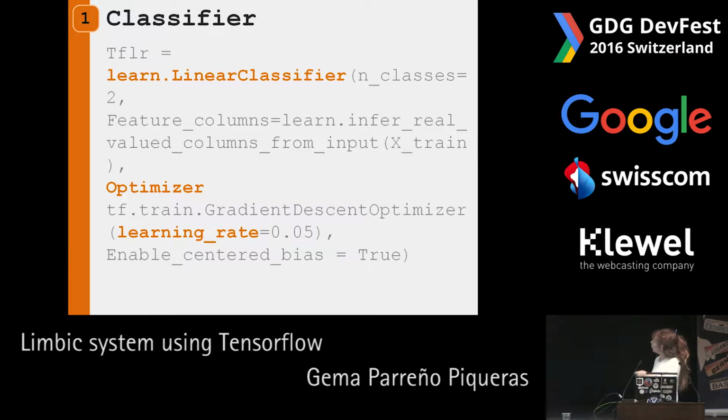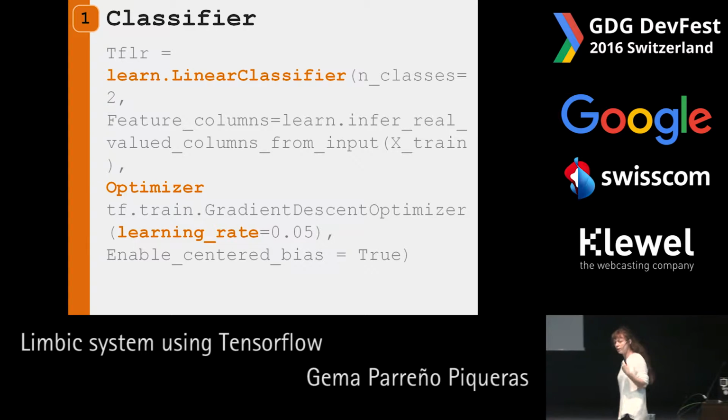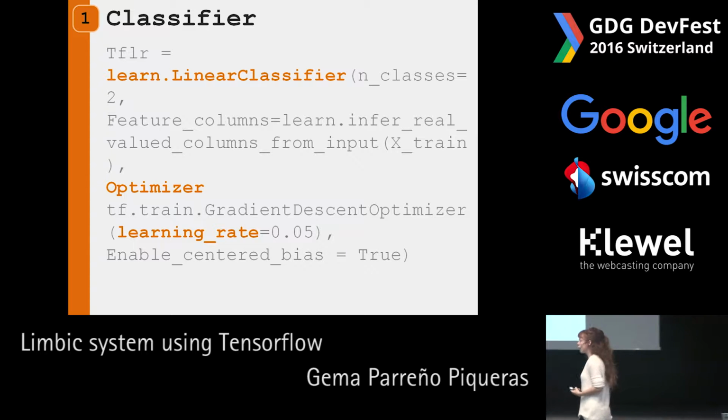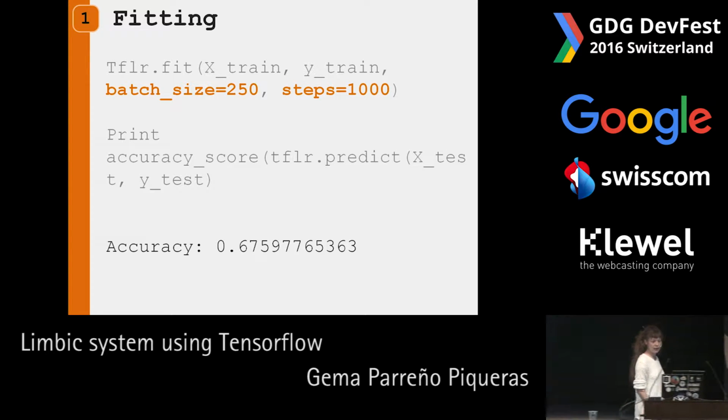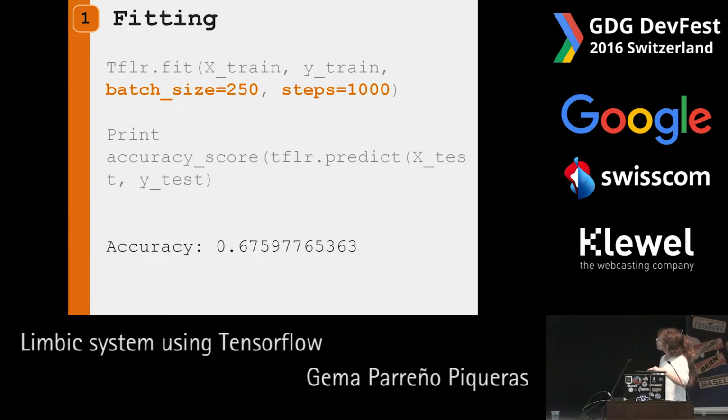But here we use the linear classifier that Michaela has also done before. And we do the optimizer. In the optimizer, we use the learning rate, which means how many times we are going to tell the network to learn from something, okay? So here we fit it, and we change the training steps and the batch size.